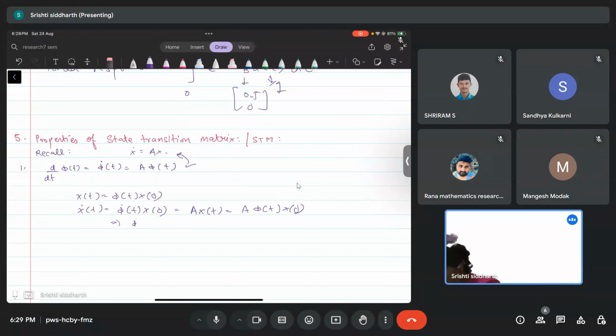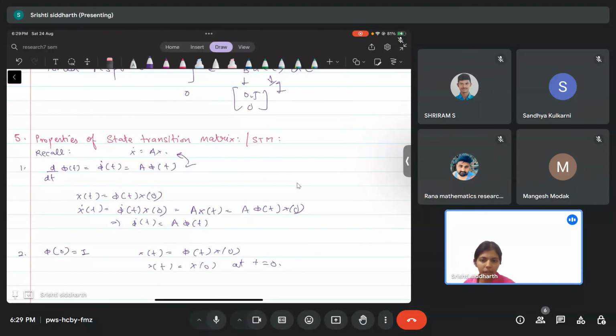This implies phi dot of t is A phi of t. The next property is that phi at time 0 is identity. This is also obvious, right? Because x at any time t is phi at time t times x0, and if you are at time 0, then x(t) is equal to x0. So phi(0) has to be the identity matrix.